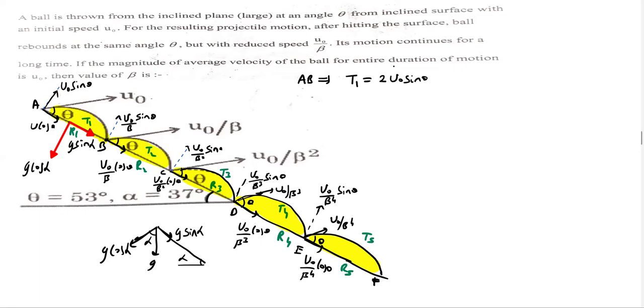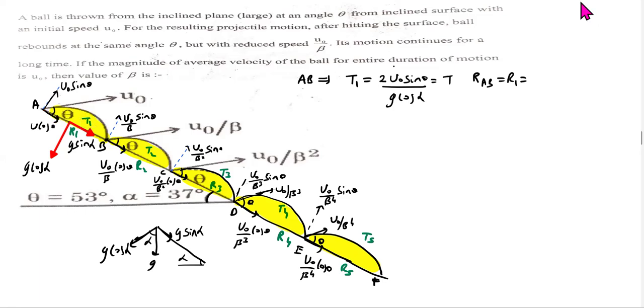I'm going to determine the time of flight, with U naught sine theta and G cos alpha. So 2 U naught sine theta by G cos alpha. Let this be fundamental, let it be equal to T. Okay, then what is the expression for range? R1 means the range measured from A to B. RAB, R1, should be equal to, it depends upon this U cos theta and the time of flight.